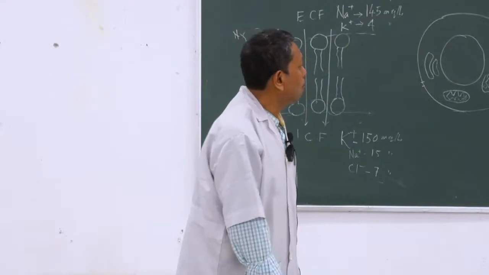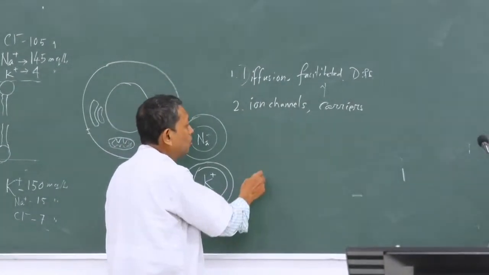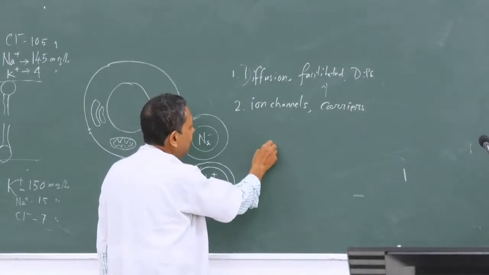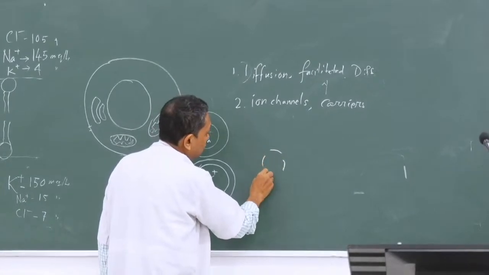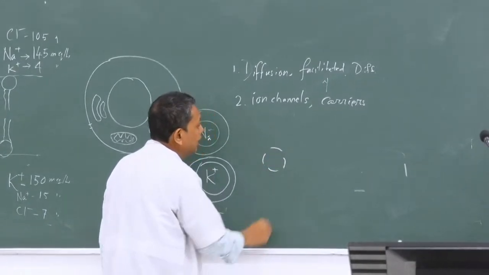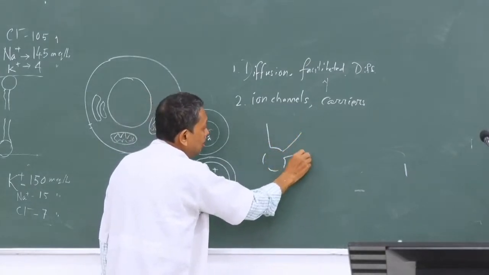Suppose you consider the potassium channel. It consists of 4 subunits, and each subunit takes part in this way.